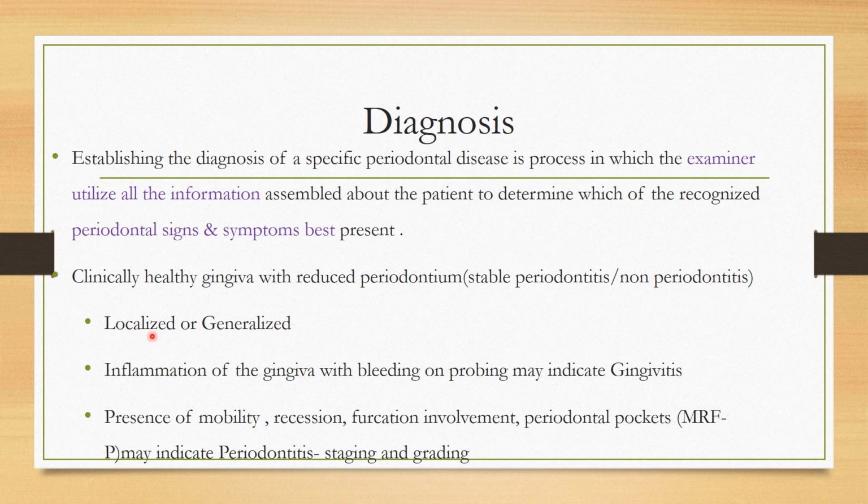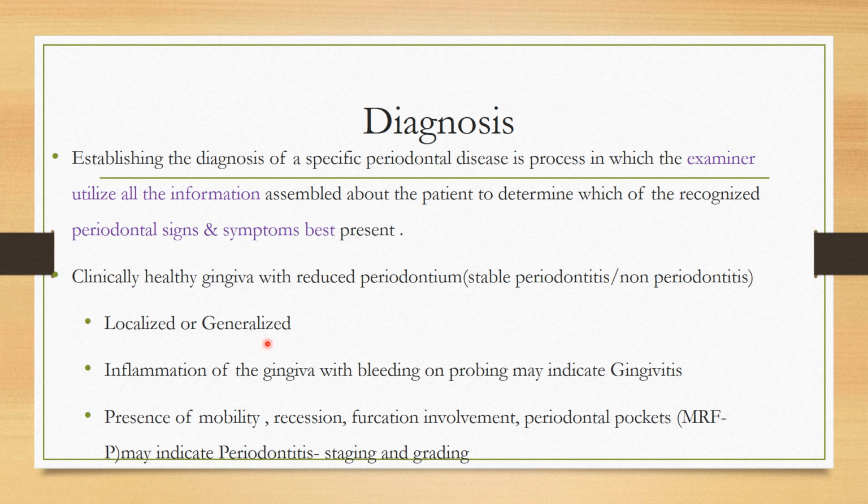It can be categorized into localized or generalized gingivitis or periodontitis based on the sites involved. Localized if less than 30% of sites are involved, generalized if greater than 30% of sites are involved.